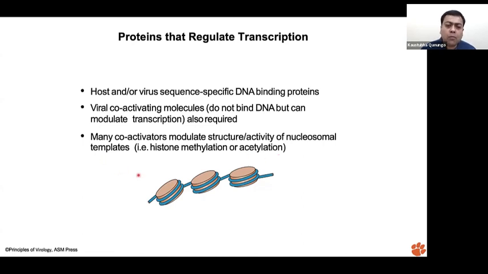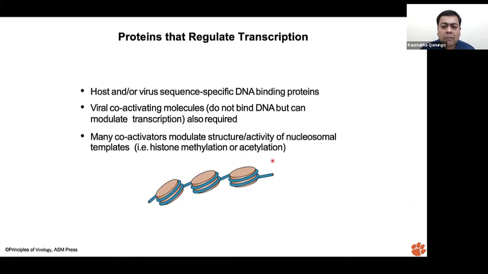Here, one of the important concepts to remember is that when you methylate or acetylate the histones, the DNA wraps around the nucleosome very tightly. And as they are tightly packed, the transcription factor will not be able to bind on the regulatory sequence and recruit the RNA polymerases to initiate the transcription.